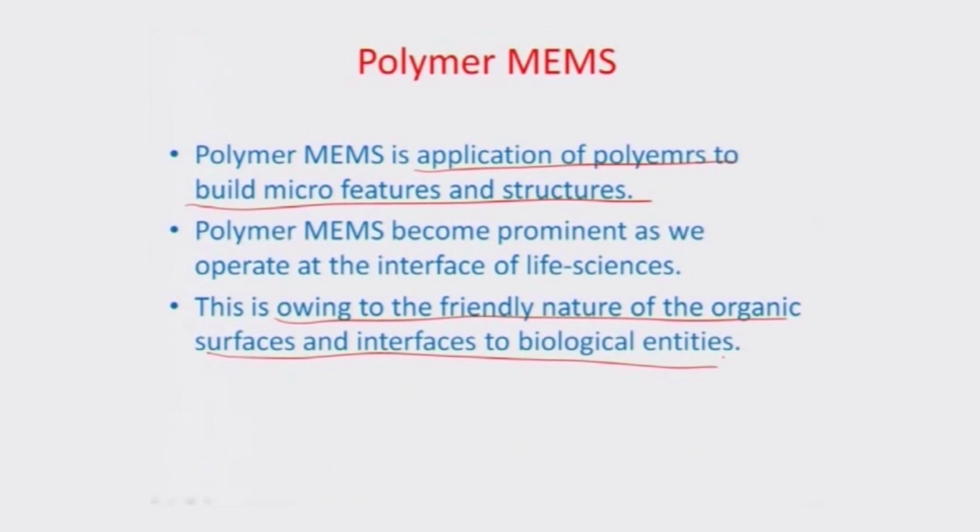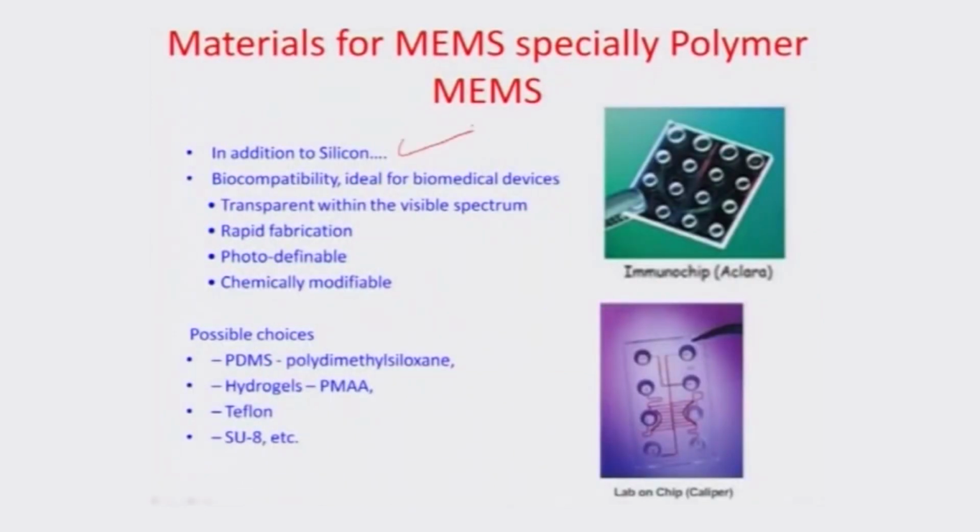So, if you look at some of the materials and their properties, particularly talking about polymers. In addition to silicon, whatever polymers you are using must have this property of biocompatibility. It should be ideal for biomedical devices. The polymer should be transparent within the visible spectrum. It should be rapidly fabricated, so the fabrication strategy should be able to develop very rapidly.